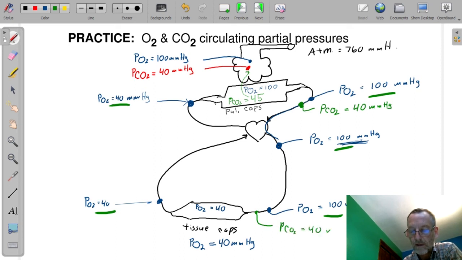Where it picks up carbon dioxide from the tissues. So the partial pressure of CO2 in the tissues was 45 millimeters of mercury. That enters the capillaries, and things are getting pretty small right in the capillaries. You can redo this. PCO2 is 45, and then leaves and stays at 45.